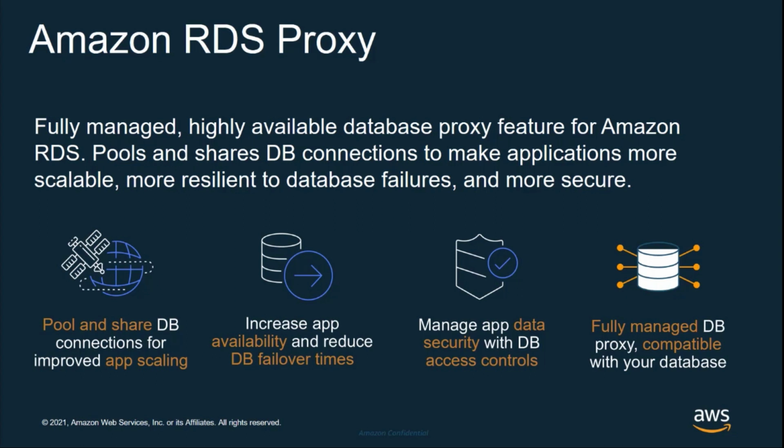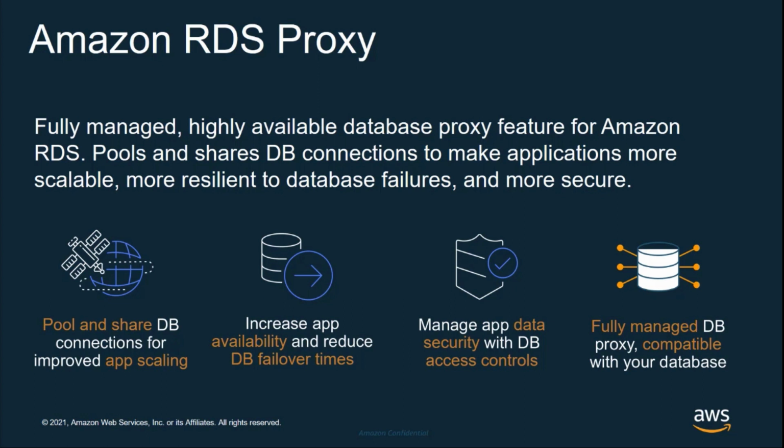RDS Proxy is a fully managed, highly available, and easy to use database proxy feature of RDS that enables your applications to improve scalability by pooling and sharing database connections. It also improves availability by reducing database failover times by up to 66% and preserving application connections during this failover.